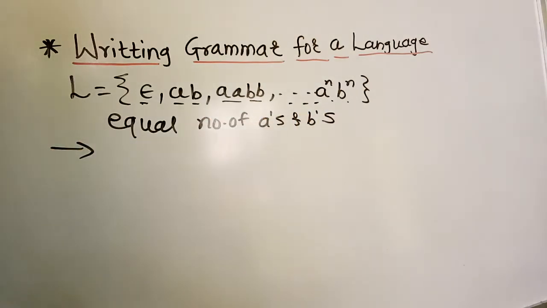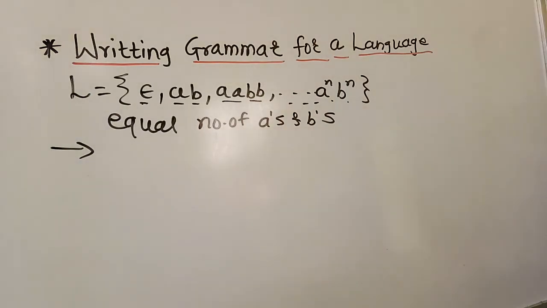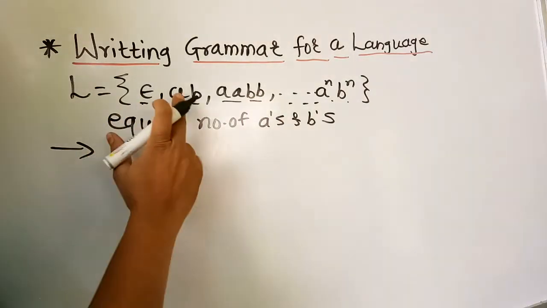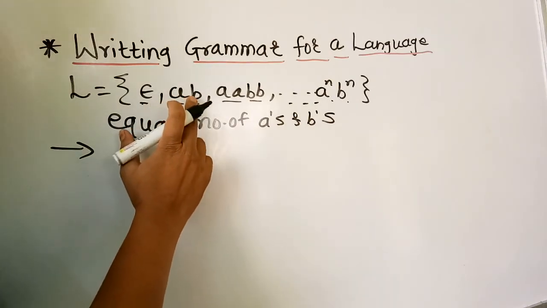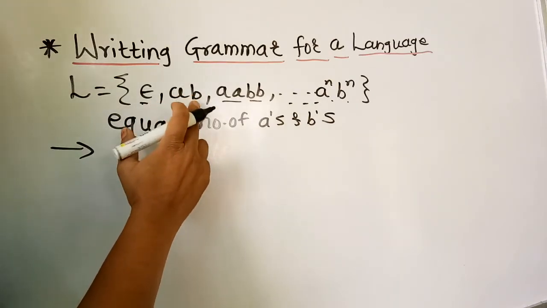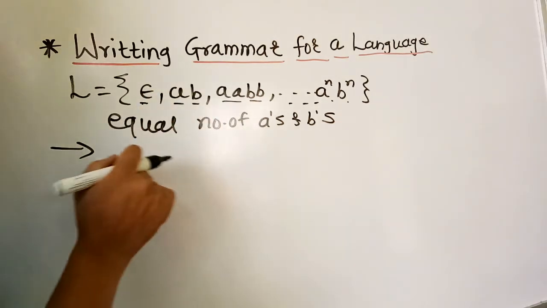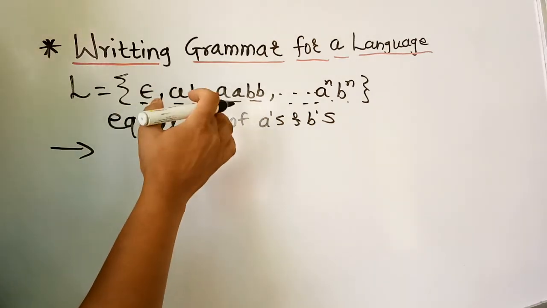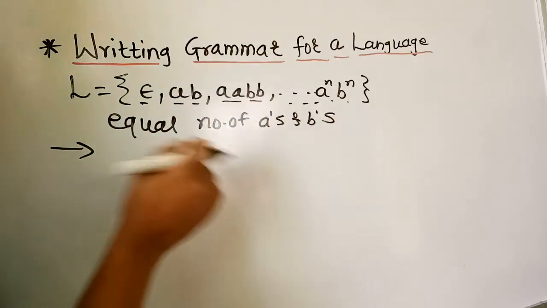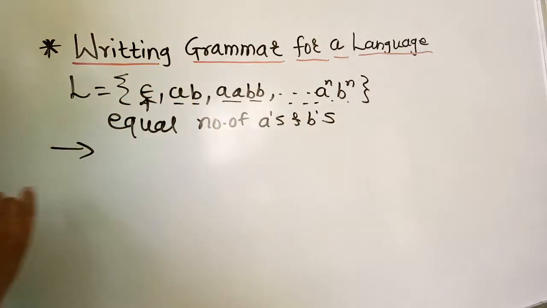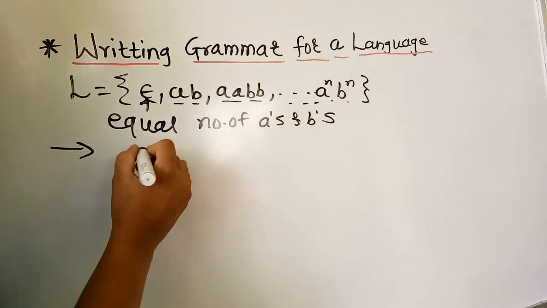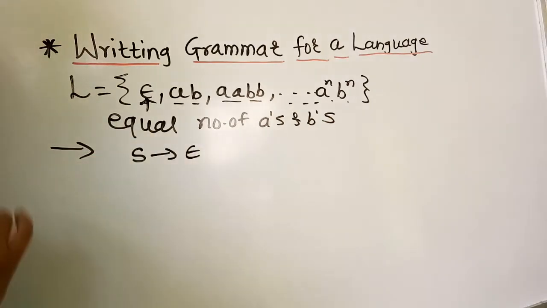Now, how to calculate or write a grammar for such a language? At the same time, in each term, A is there and B is there, but they are replicating, recursive terms. Means A is there, B is there, but again A, B. So, for this language, one production rule, that is S gives epsilon, will definitely be there.